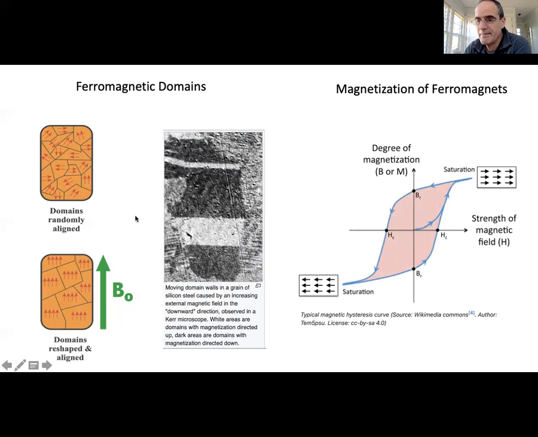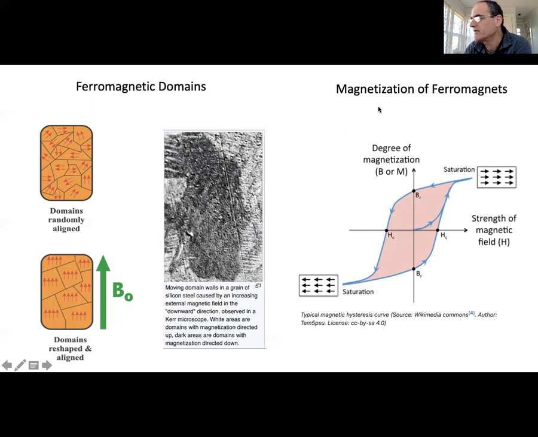If you think about that happening in a macroscopic sample, you can see how we can get to this magnetization curve for a ferromagnet. In this magnetization curve, we're going to plot magnetization, M or B, which is mu naught M, as a function of the external field, which we will represent with the H field here.